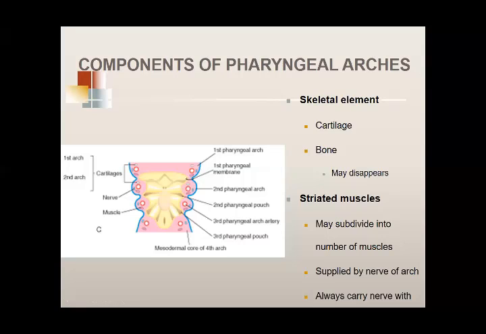So the striated muscle, it may be divided into smaller, multiple muscles, but whatever the case may be, it is supplied by the nerve of the arch. And wherever these muscles go, they always take their nerves with them. So इसका classical example जो है, that is the diaphragm, that develops in the cervical region, लेकिन it goes down into the thorax.